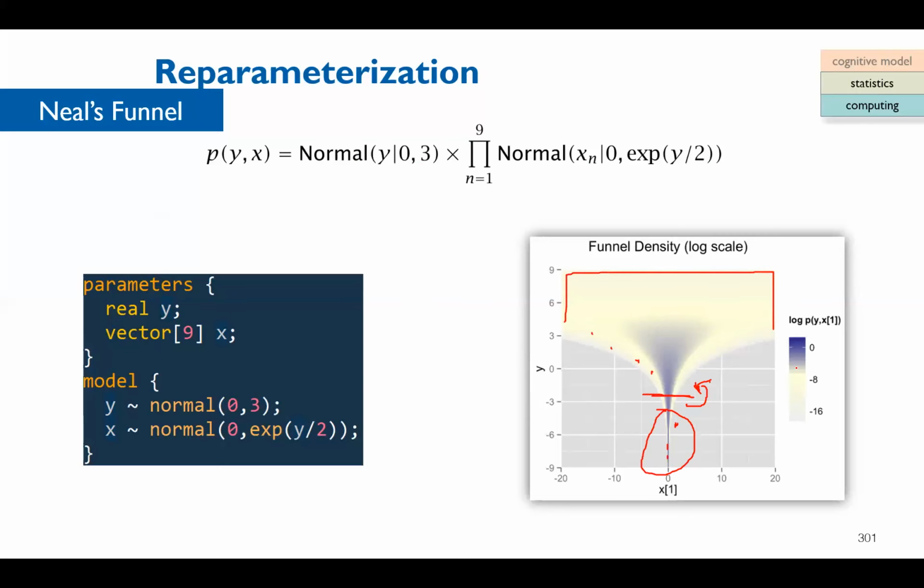If you take a tiny piece of step, it will take an infinite amount of time to explore all the information there. Conversely, for the upper end, maybe a larger step will be better. From here to here, and then here to here, something like that. So a larger step size will be better for the upper part.